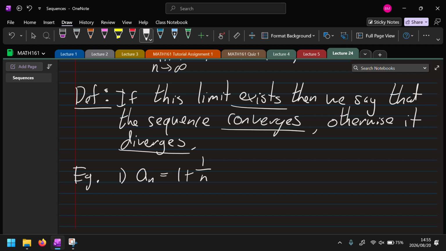When n goes to infinity, what happens to the 1 over n term? It goes to 0. So when n goes to infinity, 1 over n goes to 0, and we're just left with 1. So here we can see that the limit of a_n is just 1. Okay, so the limit exists. Therefore, the sequence here converges.